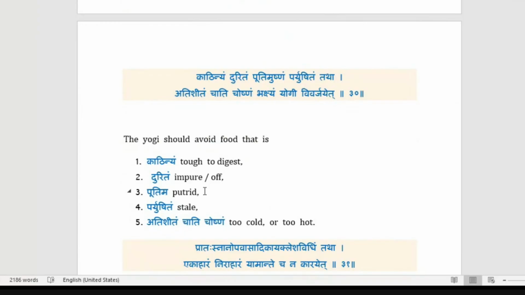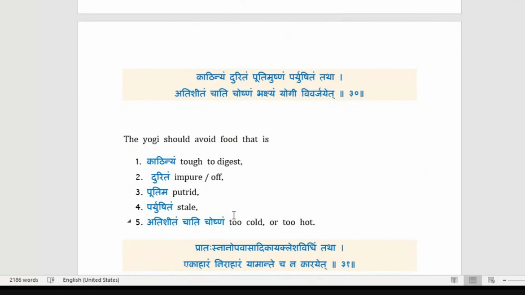Okay, now tell me, snigdham, good or bad? Good. Then paryushitam, bad. Then dhatu poshanam, good. Manobhilashitam, good.